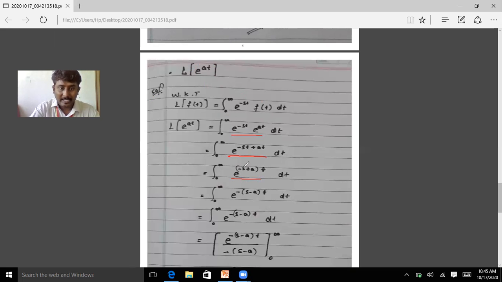Okay, I want this term positive, that's why we take minus common: e to the power minus s minus a into t, into dt as it is. So this becomes e to the power minus s minus a into t into dt.